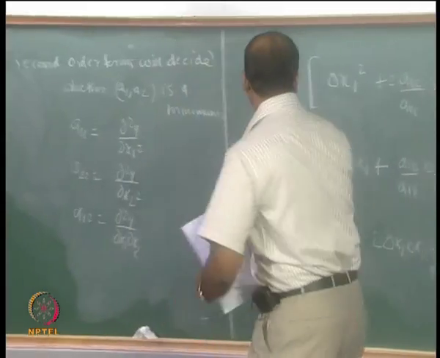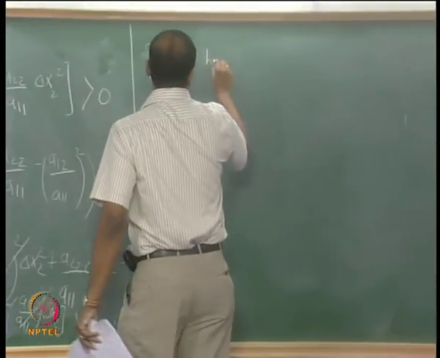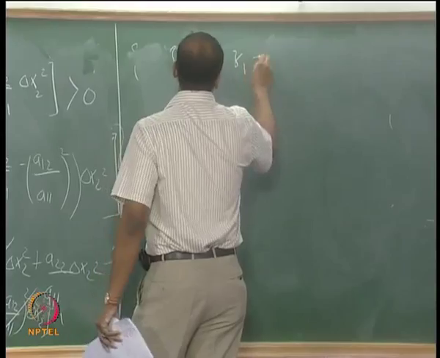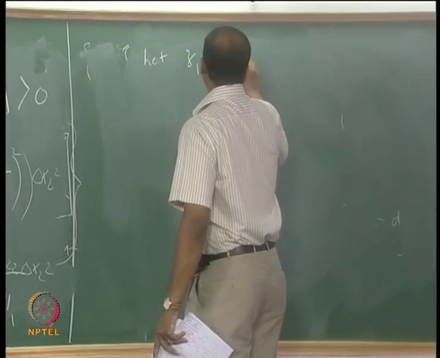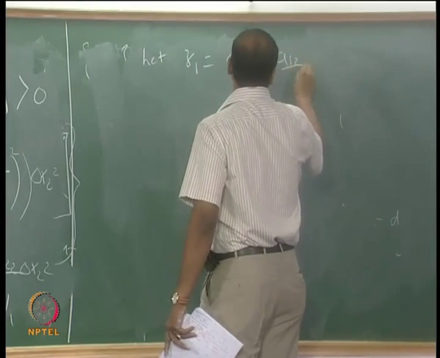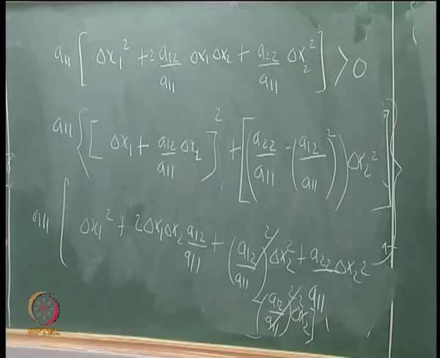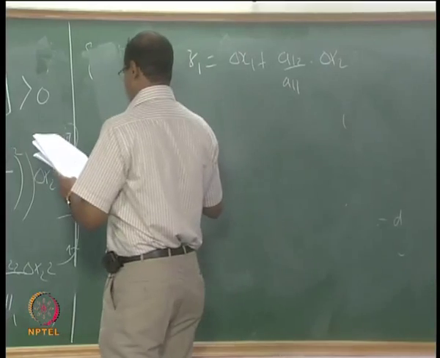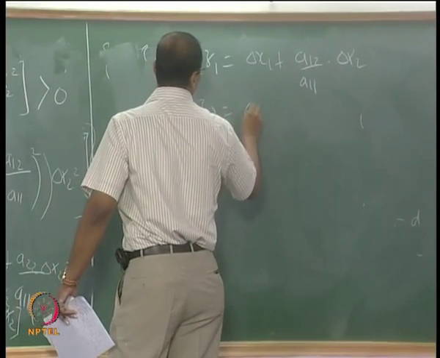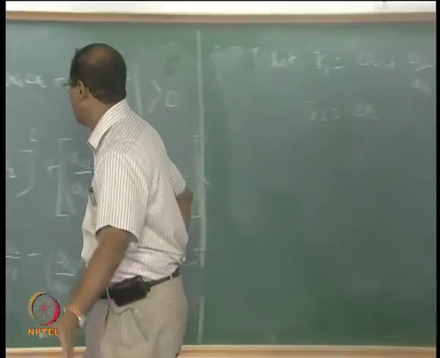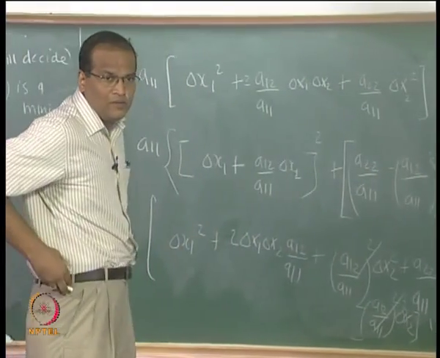So now let z1 be delta x1 plus a12 by a11 delta x2, and z2 equal to delta x2. Okay.